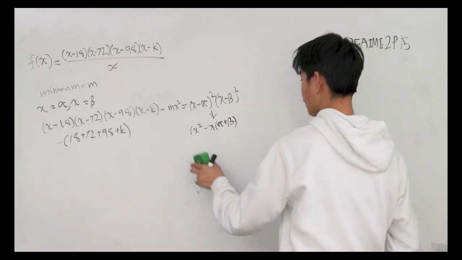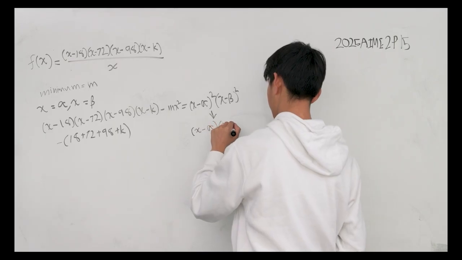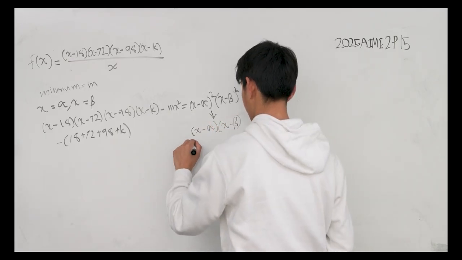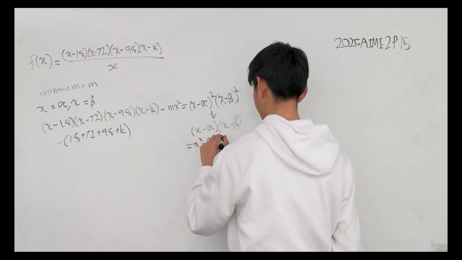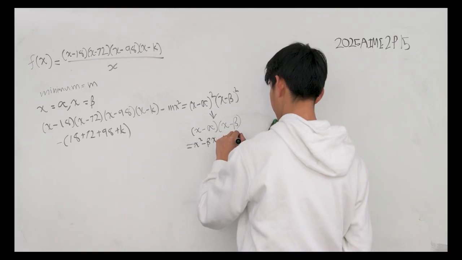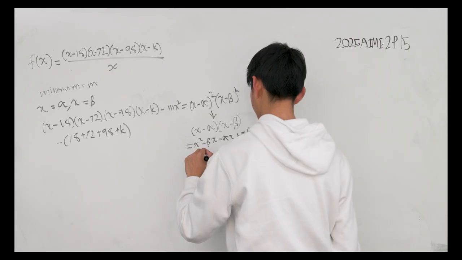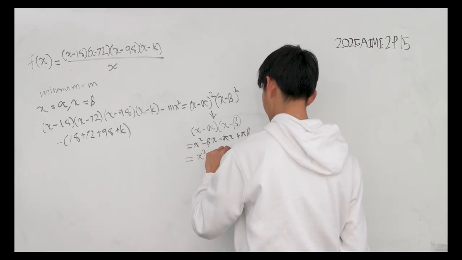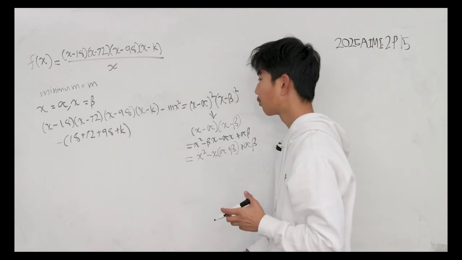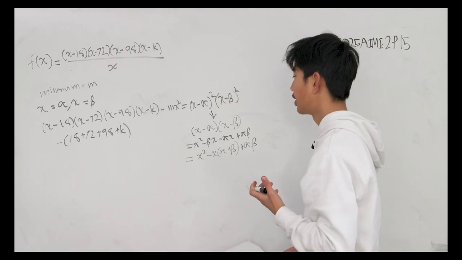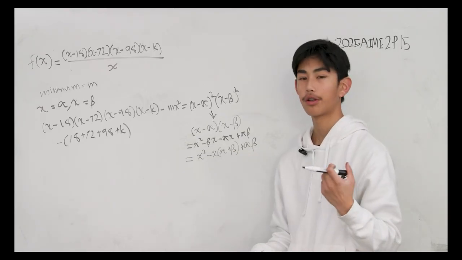Basically, you want to see that when you multiply these two together, you get x squared minus beta x minus alpha x plus alpha beta, which is x squared minus x(alpha + beta) plus alpha times beta. Now, the whole reason why we take the coefficient is because we want the coefficient of the x cubed term. That's basically what we're doing here, and it might be hard to spot that.